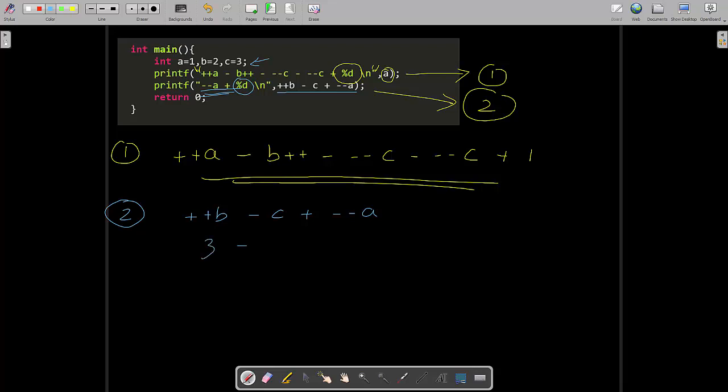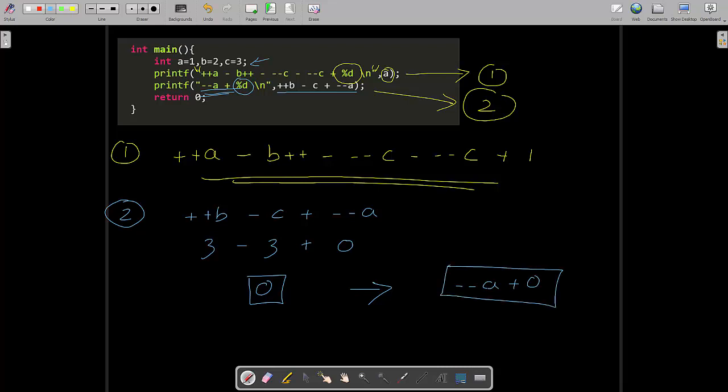C value is 3, so minus 3 plus, now here this is a decrement operator, so right now the value of a is 1, so pre-decrement makes it 0, and this will result in an answer of 0. So thus our output is going to be minus minus a plus 0.